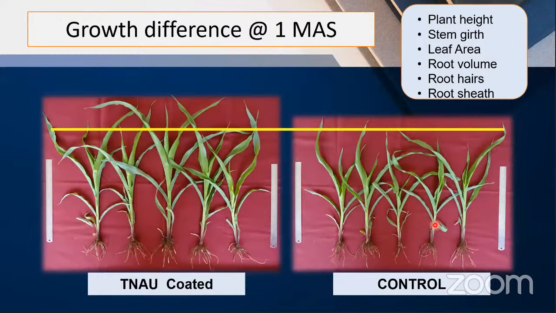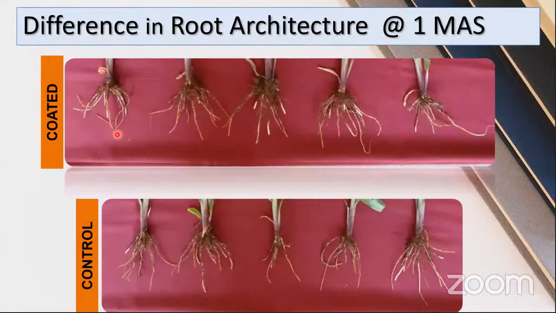So you can see the height and root. You have the number of roots, but here you can see that it is so dense when compared to this. The volume, the area occupied by the control here and the coated here.